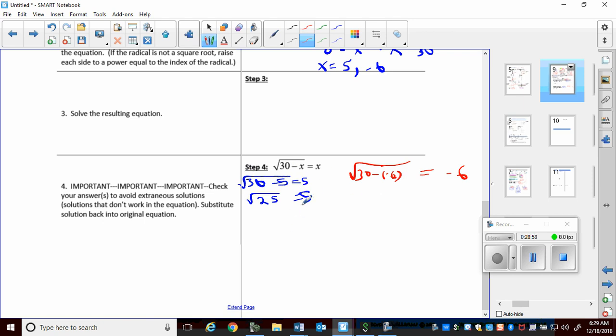So the square root of 25 equals plus or minus 5. Here we get the square root of 30 plus 6, which is the square root of 36, and I get positive 6 back, but it's also true for negative 6.